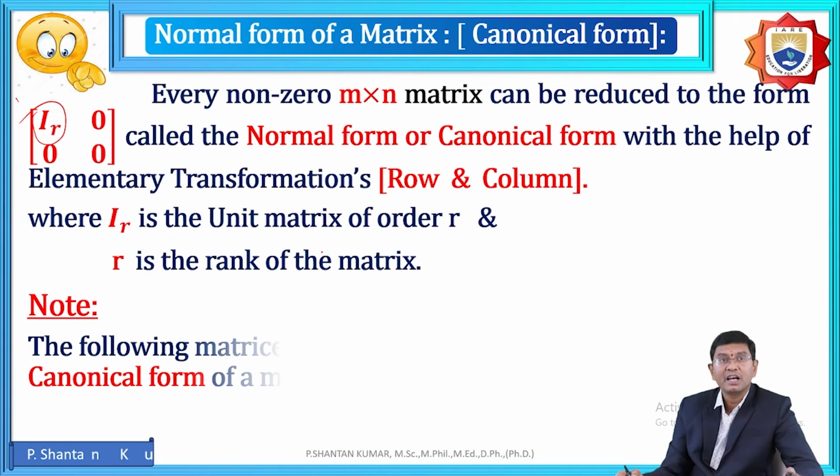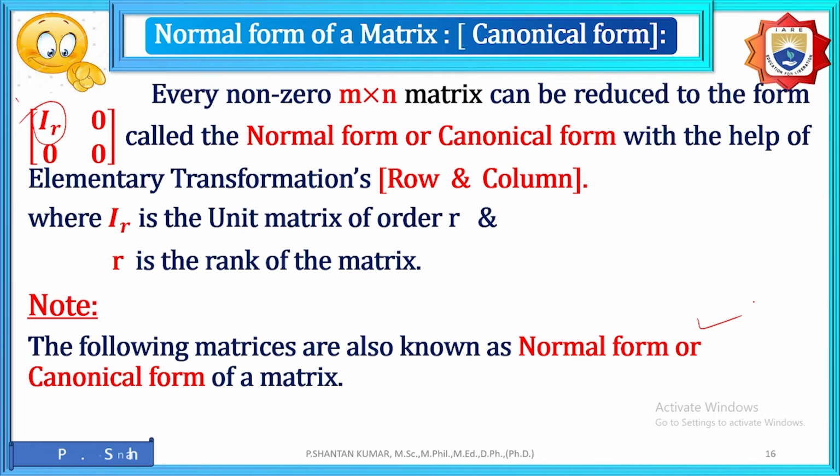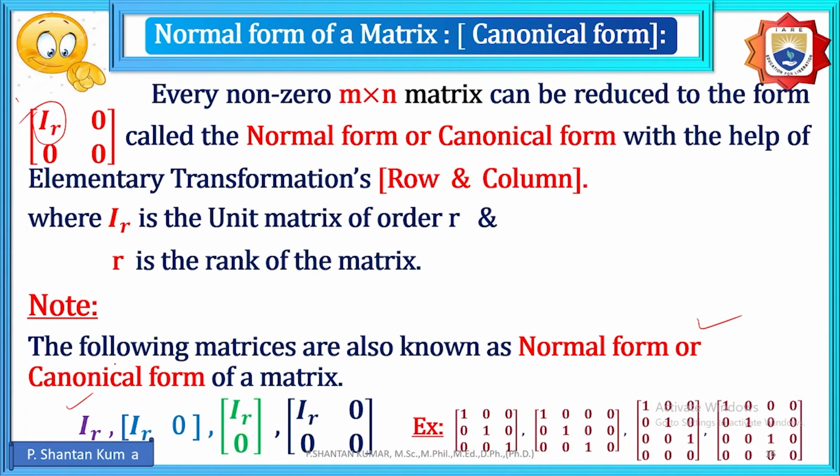The following matrices are also known as the normal form or canonical form of a matrix: [I_r], [I_r 0], [I_r; 0] and [I_r 0; 0 0]. Depending upon the matrix, when we apply row and column operations, it is reduced to one of these matrices. These are known as the normal form or canonical form. That is the conclusion about the normal form.